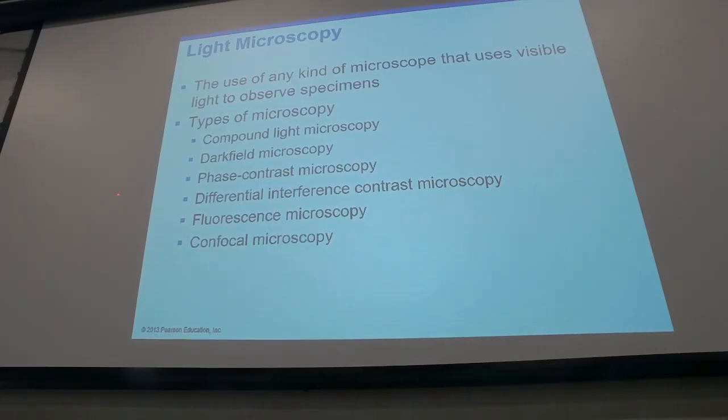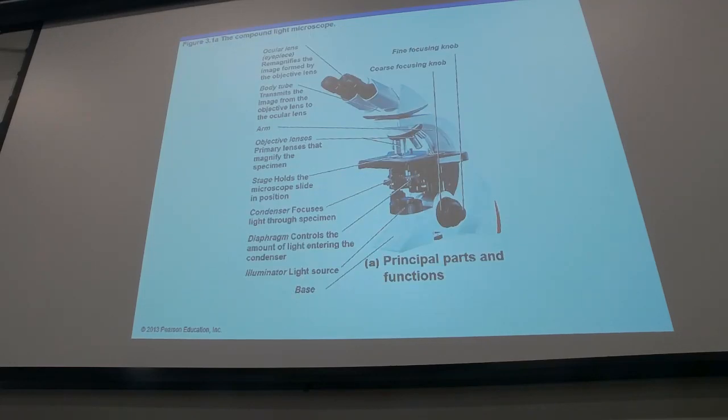So these are examples of the different types of microscopes that we have. We have compound light microscope, dark field, phase contrast, differential interference, fluorescence, and confocal. We will see the uses of each of these microscopes.